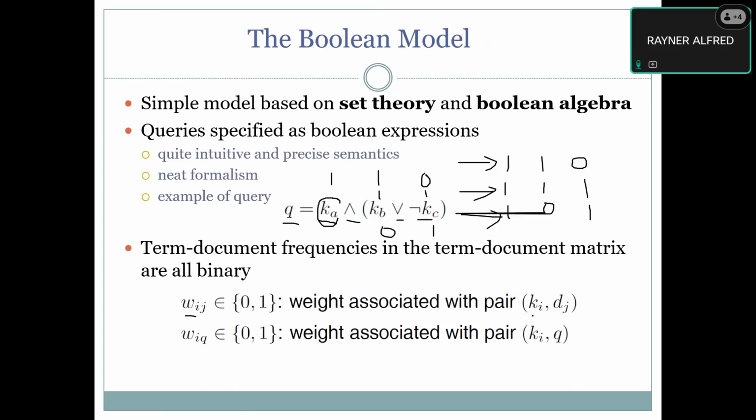So the relation could be 0 if the keyword does not exist in the document. Otherwise, it is 1 where ki exists in document j.